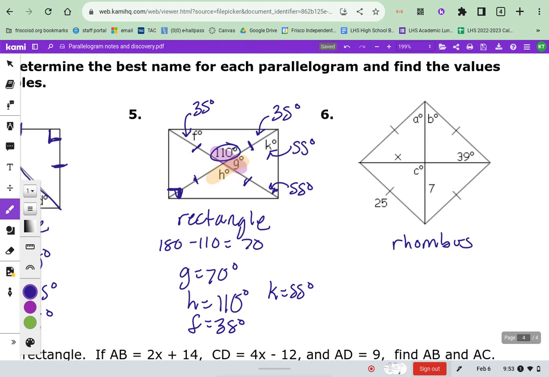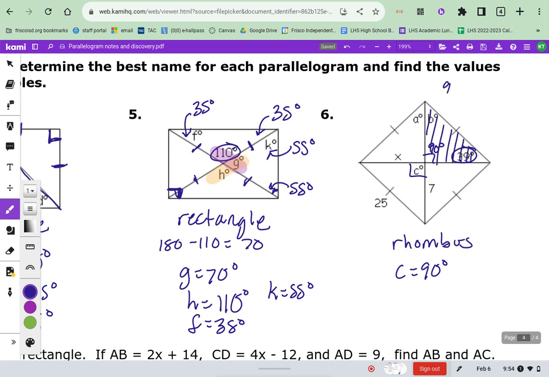Okay, so in a rhombus, we know that diagonals make right angles, which means that C is 90 degrees. And that means I can solve for B, because if this guy's 90 and this guy's 39, then everything in that triangle on the upper right should add to 180 degrees together.